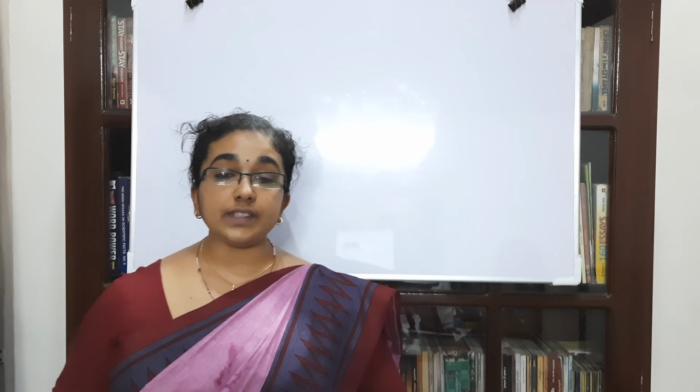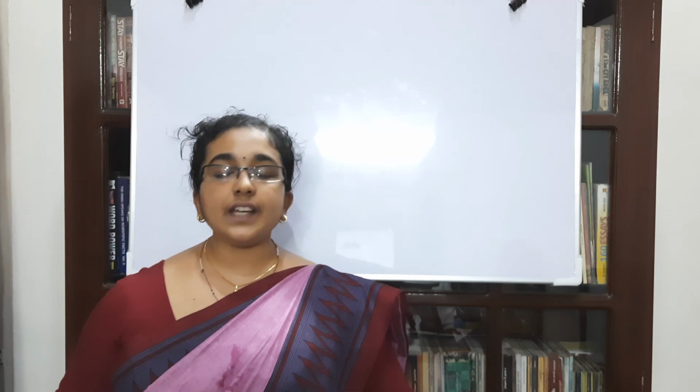So today we are going to discuss a very interesting topic, that is ionic bonding. In the previous class we already discussed the chemical bonding chapter, right? And I have already introduced the three types of chemical bonding.